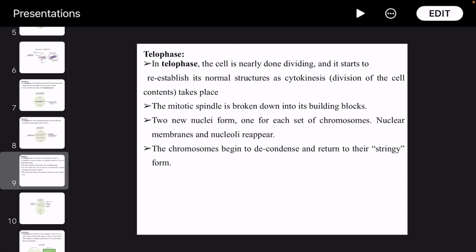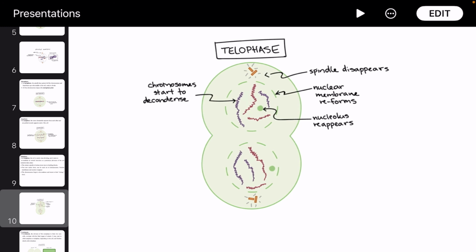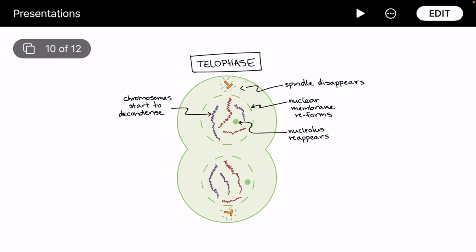Nuclear membranes and nucleoli reappear. The chromosomes begin to decondense and return to their stringy form. You can see in the telophase, chromosomes start to decondense and the spindle disappears, the nuclear membrane reforms, and the nucleoli reappear.